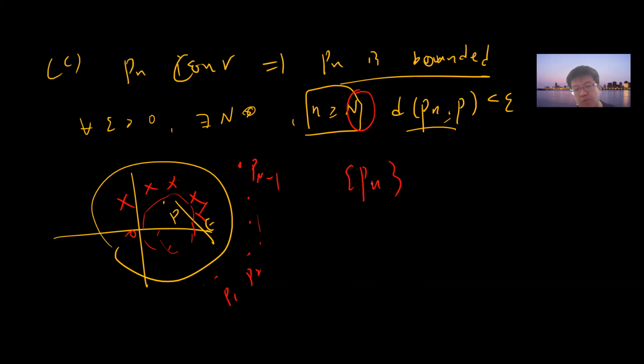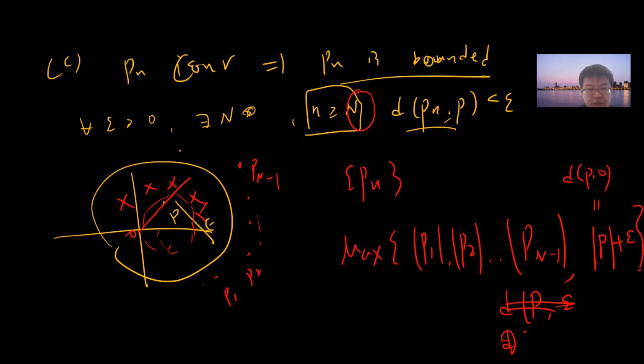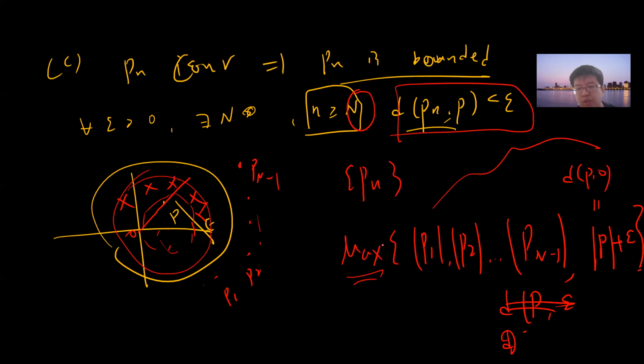All the points in the sequence are at most at distance the maximum of d(P,P1), d(P,P2), up to d(P,P(N-1)), and also d(P,P0) plus epsilon, the largest from P. So all the points with n greater or equal to N are constrained in this large ball, and the rest are just finitely many points. So the maximum is finite, so it's bounded.